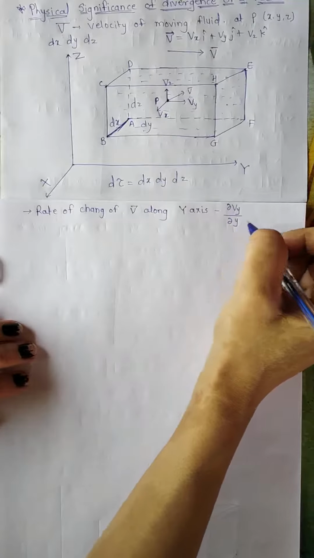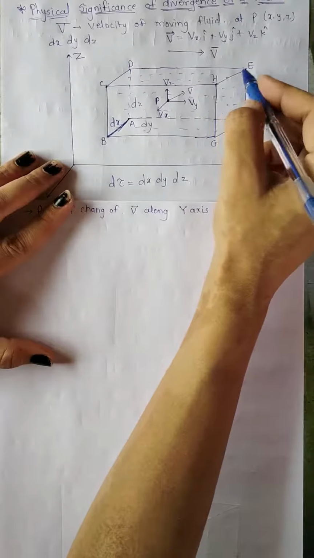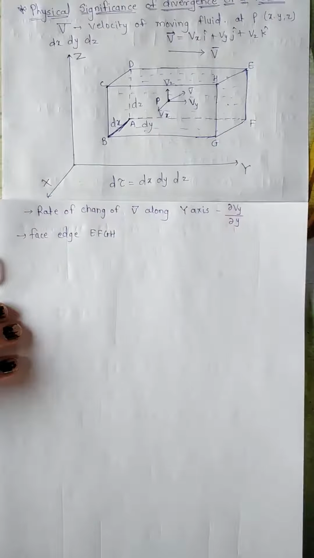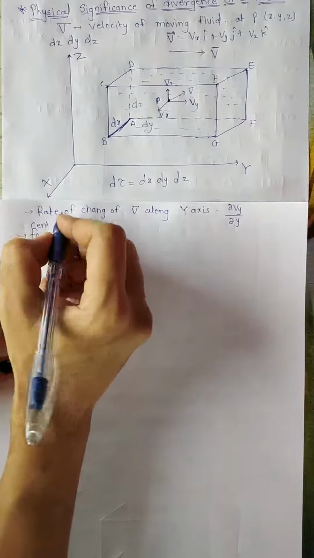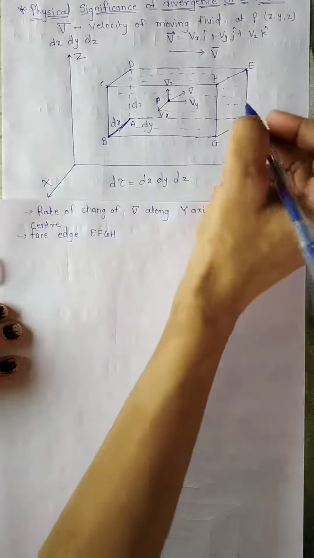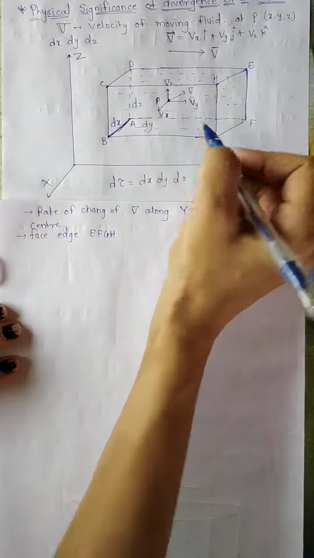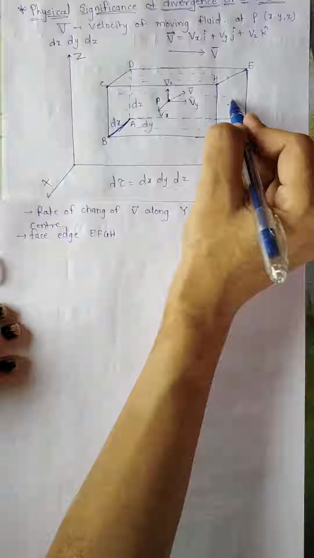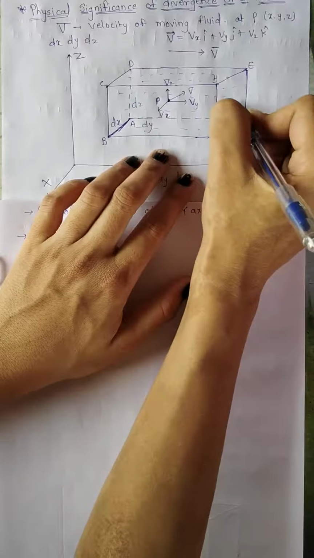Now we consider the face EFGH, and the center of this face is at a distance dy upon 2, because this is our total dy, and the center of this face will be over here.